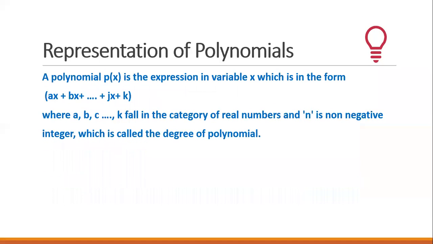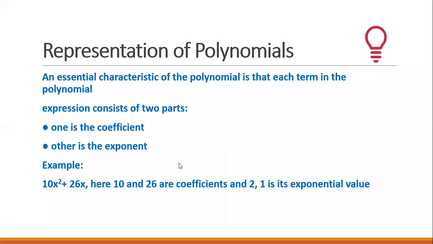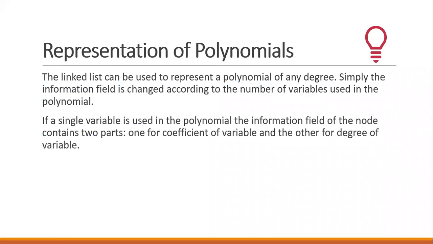So when we talk about representation of polynomials as an application of linked lists, we do have to explain what a polynomial is. That is the first thing. And we have to understand what a polynomial consists of: a coefficient and an exponent. We have to understand what a node will contain.